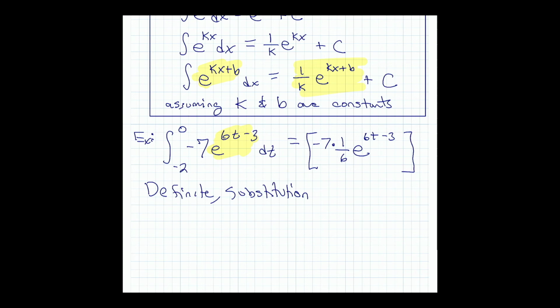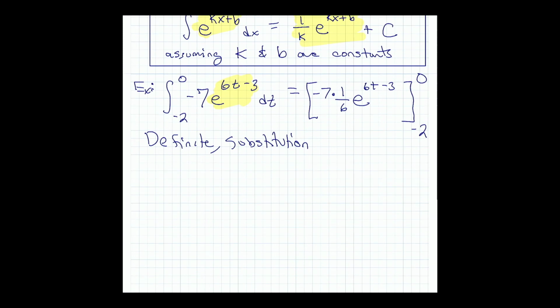This is a definite integral, so we still have these limits of integration to worry about. We have the antiderivative, but now we need to worry about our limits of integration. Let me erase that and put it over here because we're going to need more space. Then you take the 0 and plug it into this formula and get -7 over 6 e to the 6 times 0 minus 3.